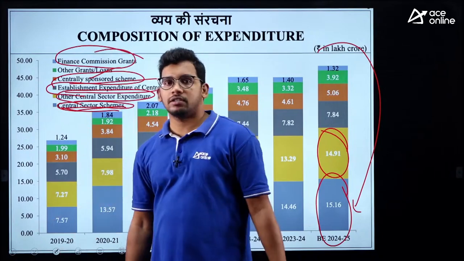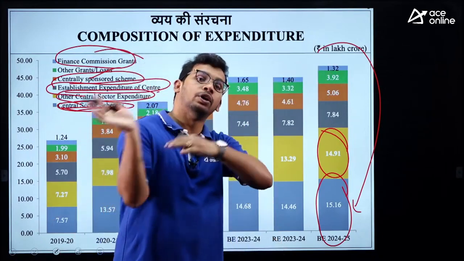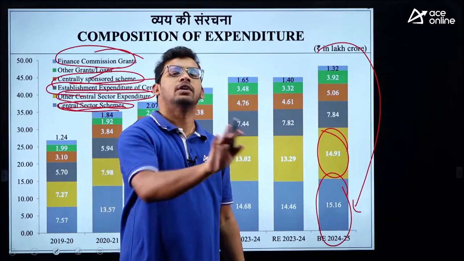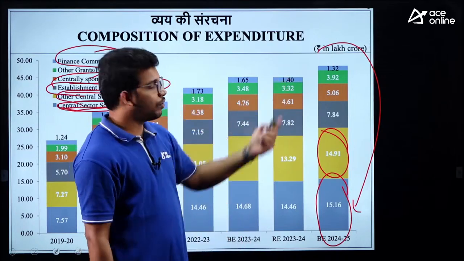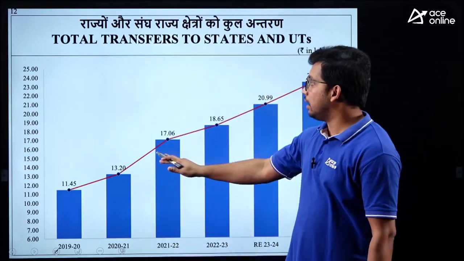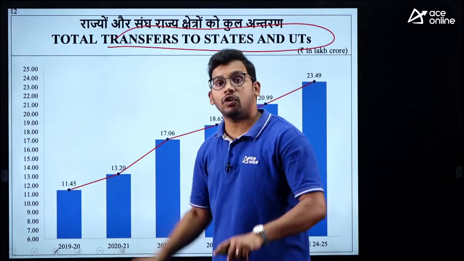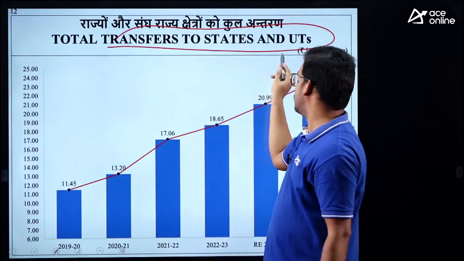Finally, finance commission grants, right. Whatever the finance commission has recommended the center give to the panchayats or state governments, that is 1.32%.